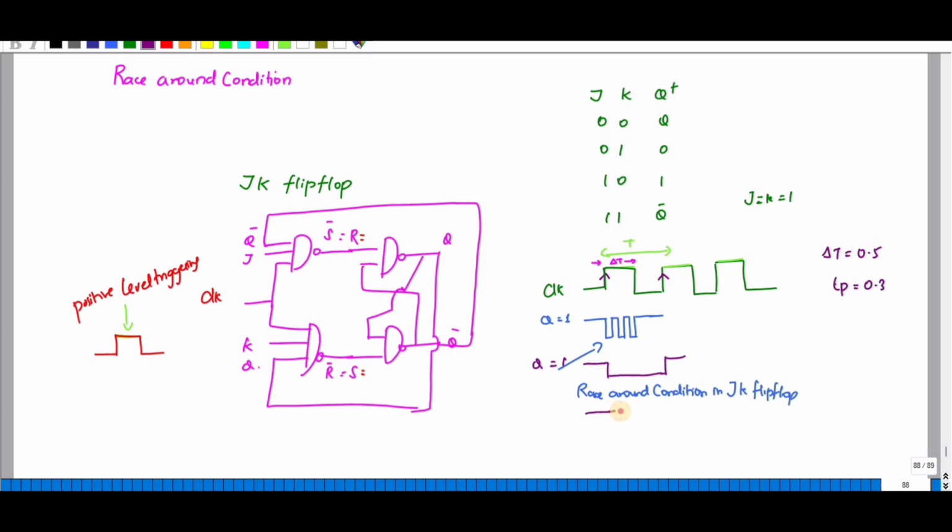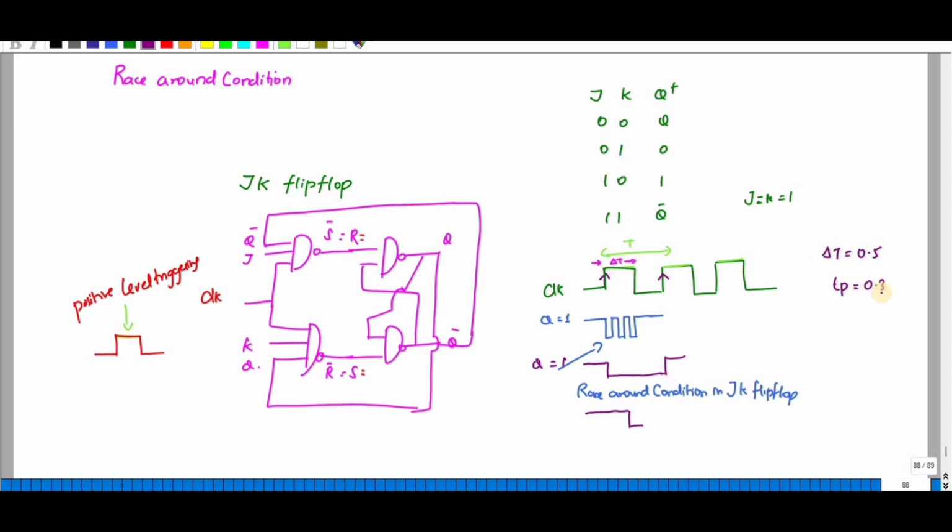Then it has to go to 1, but you can see the level triggering time period is over, because it would go to 1 again only at 0.6 second.